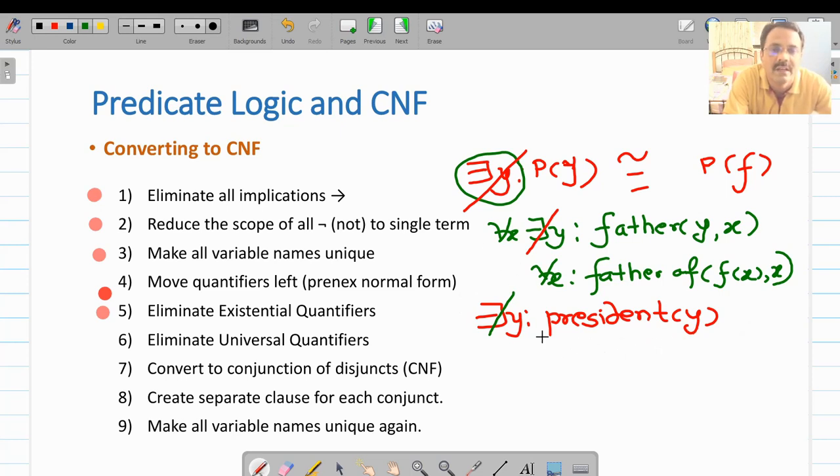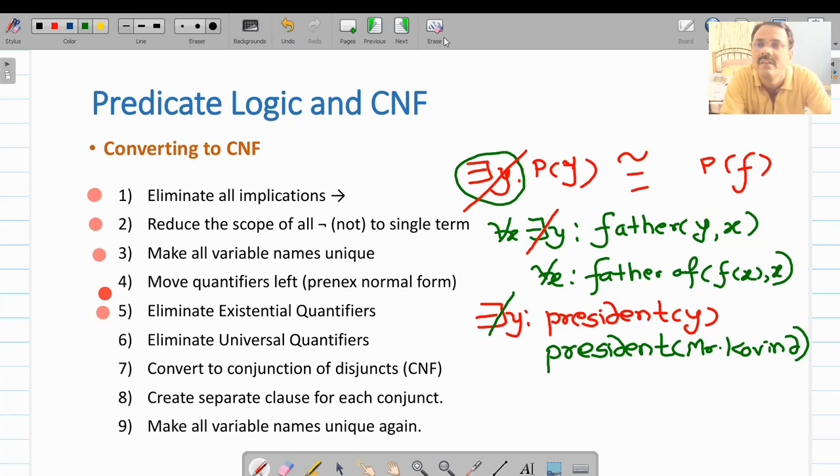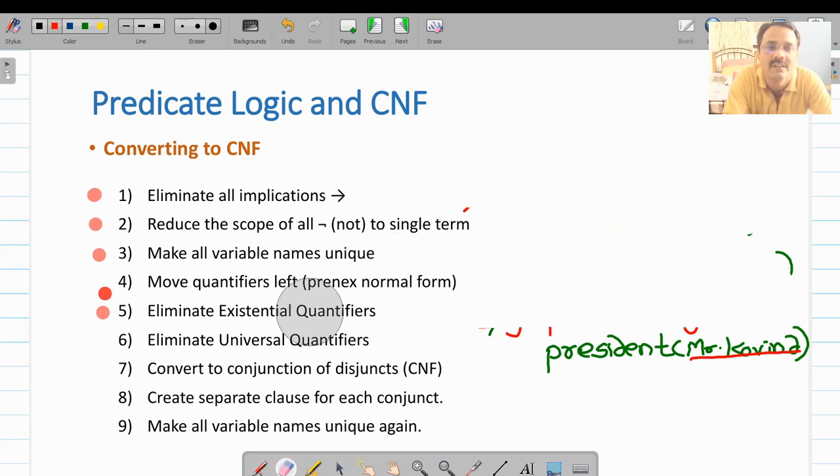So simply I can substitute that value, President Mr. Kovind, as a constant value, and in that way I have removed this there exists y. So this is how you have to apply this step and remove that existential quantifier.